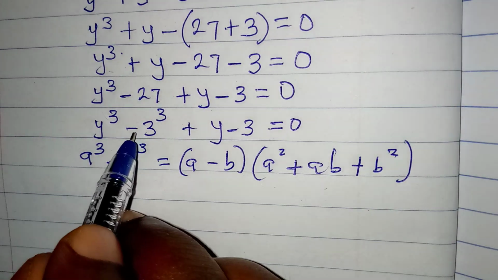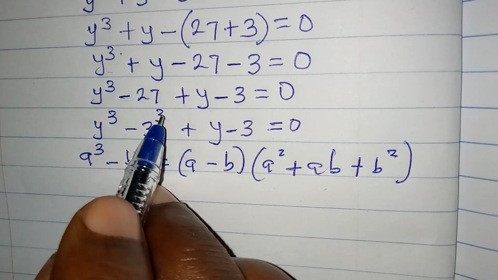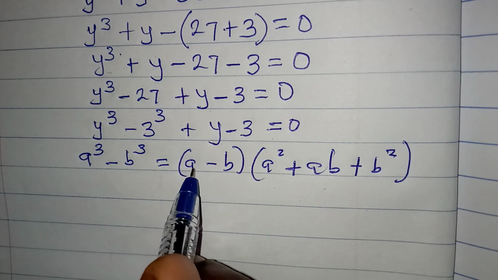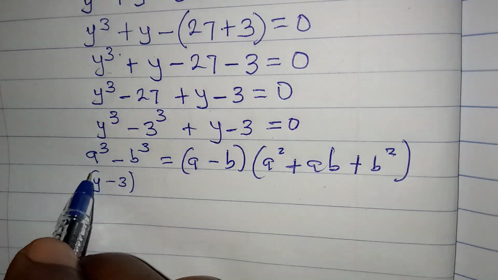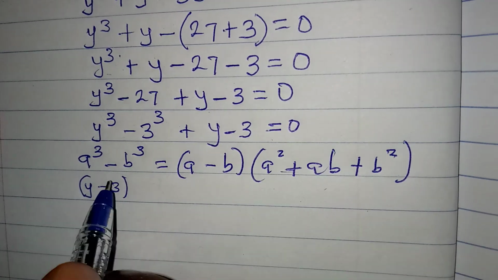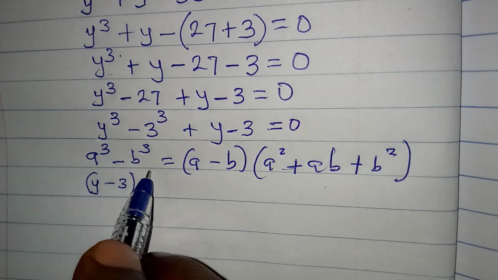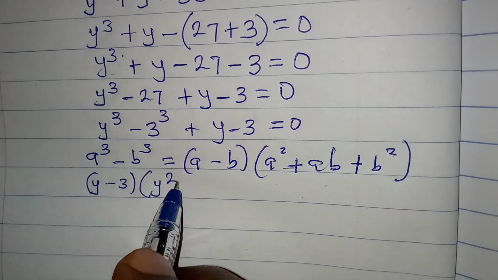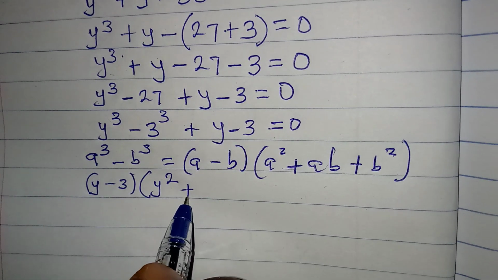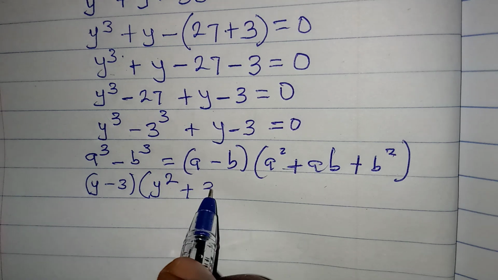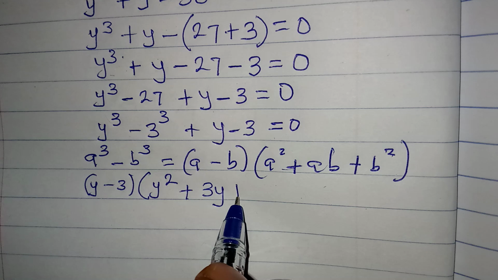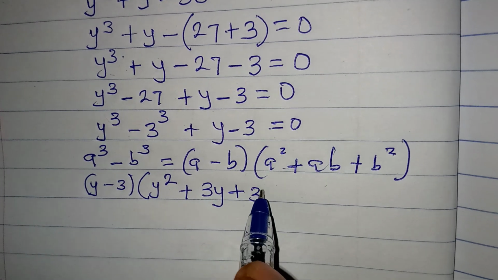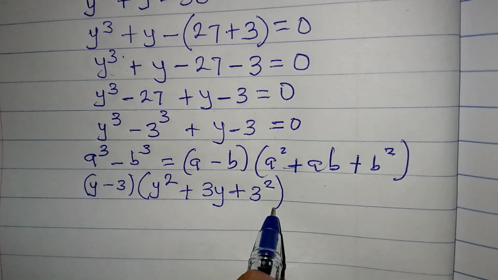Okay, so this is what we have, and then we are going to apply this right about now. In place of y to the power of 3 minus 3 to the power of 3, I'm going to have y minus 3 in the first bracket. Then in this, a squared becomes y squared, ab becomes 3y, that is 3 times y, then b squared becomes 3 squared, close the bracket.